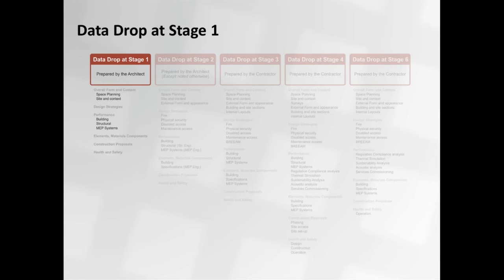All of these requirements and expectations need to be set out clearly in the employer information request. And the way in which you're responding to that employer information request needs to be in the data that you make available to the client to see whether his ambitions are achievable and at what cost. Elements, materials and components, construction proposals, health and safety, and generally other information about the processes can be discussed at this level.